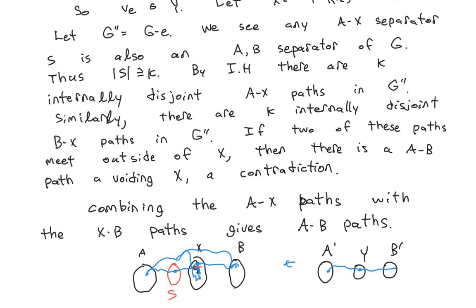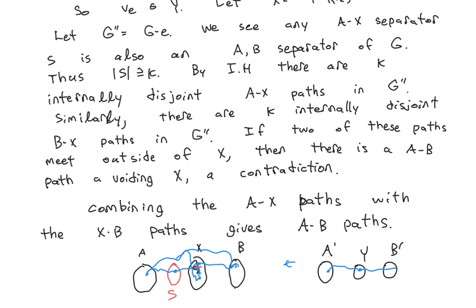And so now we can apply the induction hypothesis to G double prime because it has fewer edges. So by the induction hypothesis, since G double prime has a separator size K, there have to be K internally disjoint paths between A and X in G double prime. So in particular, we're avoiding this edge, but not necessarily its endpoints.